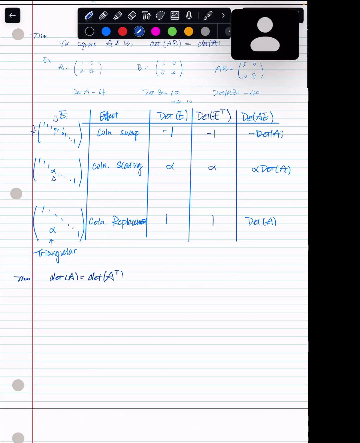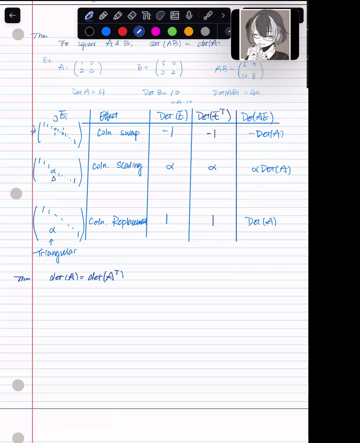For example, if you're scaling the original matrix A, then after the scale your new volume will be alpha A instead of just A. Oh wait, sorry, I meant for E transpose.